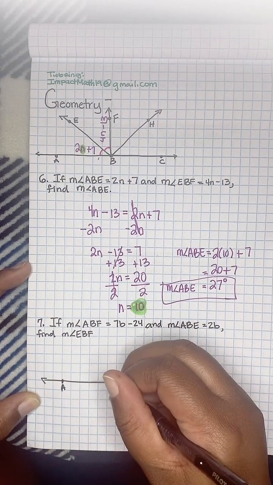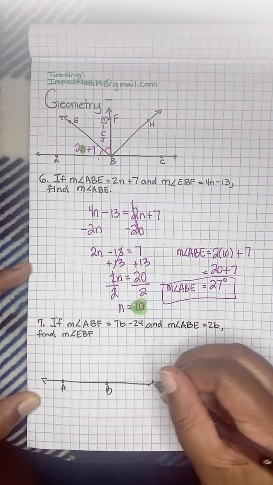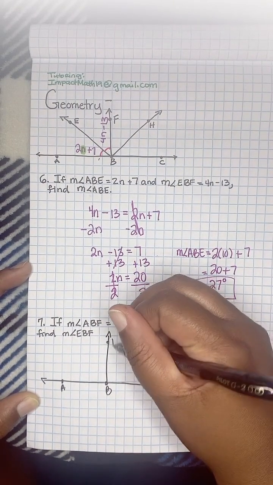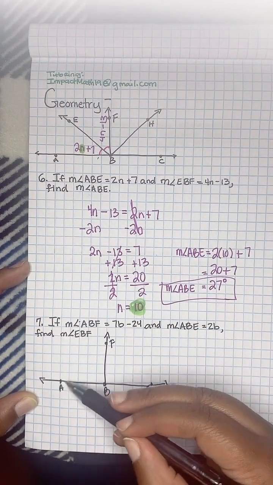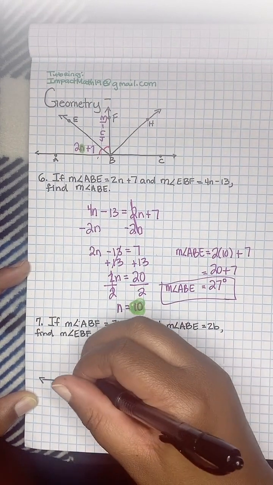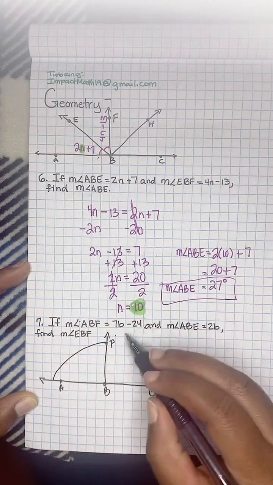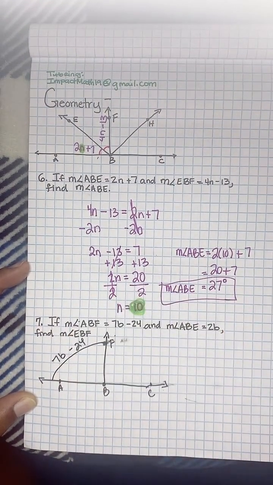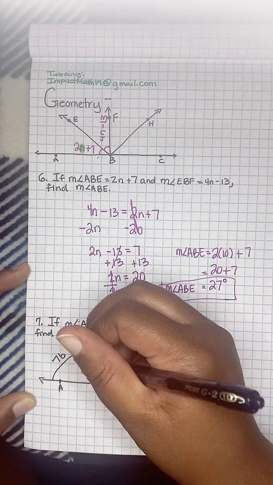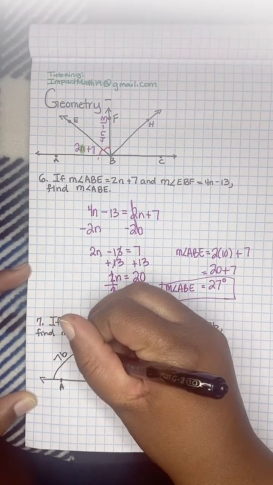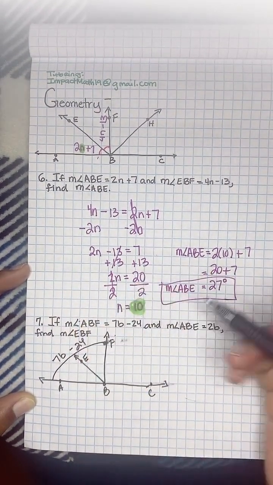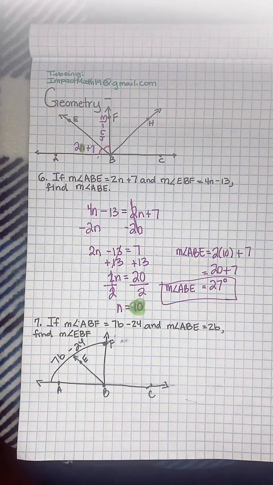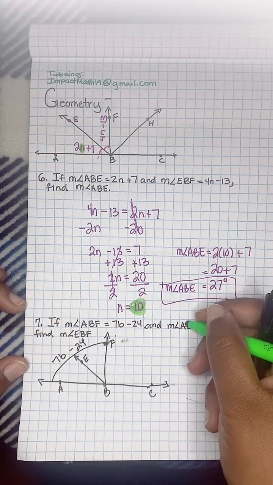Okay. So we have B here and then we have C. Really we're only focusing on ABF. From ABF, they told us this whole entire thing here is 7B minus 24. Then we have a ray going out here. They told us ABE. Remember, the letter that's important is the one in the middle.